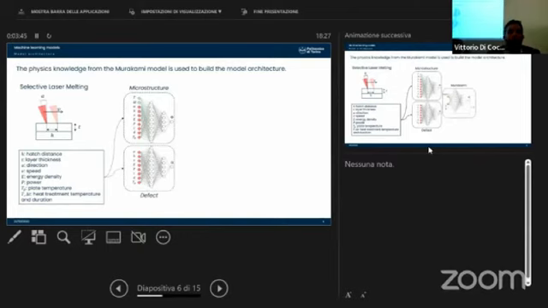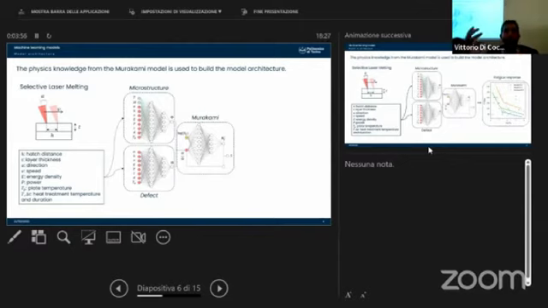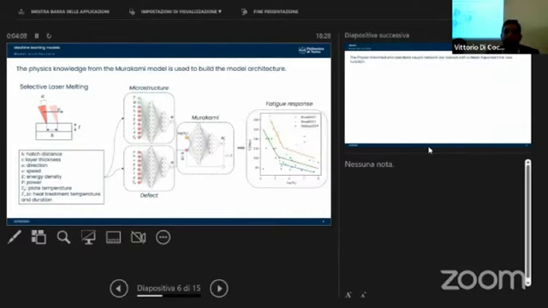Then these two latent variables, predicted by two different neural networks, are fed into a second block where we mimic the Murakami equation. We compute a ratio between the microstructure latent variable and the defect latent variable and combine it with the number of cycles to predict the fatigue strength itself and get the fatigue response starting from the process parameters.